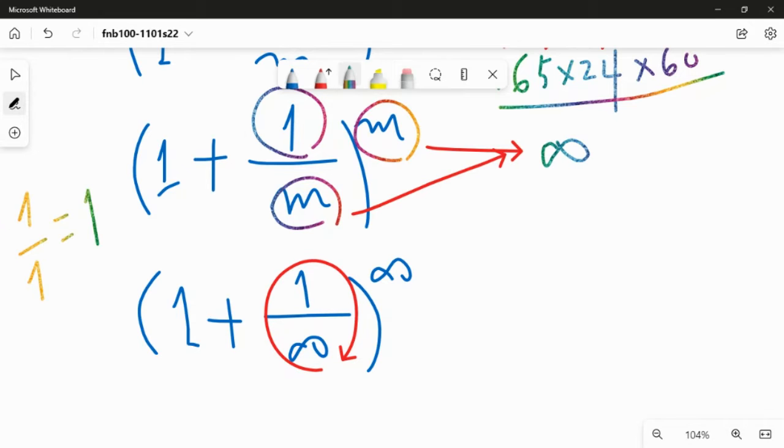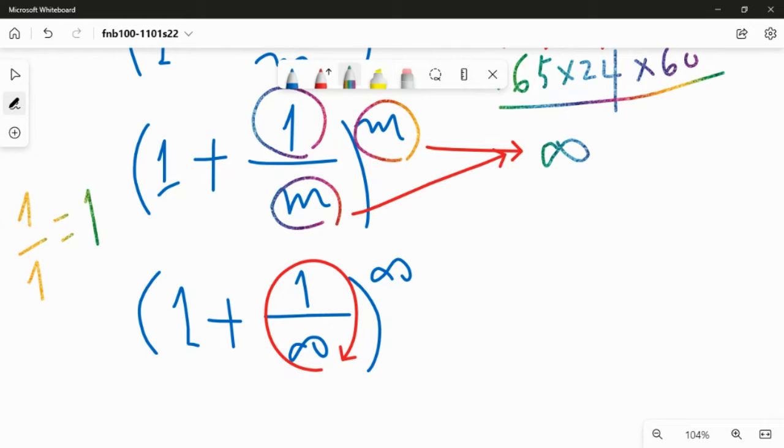Infinity? Again, are you not listening? Someone said infinity and got it wrong. Infinity is an infinitely large quantity, so you're dividing 1 by an infinitely large quantity. Logically, what should it be? Undefined? Yeah, good.